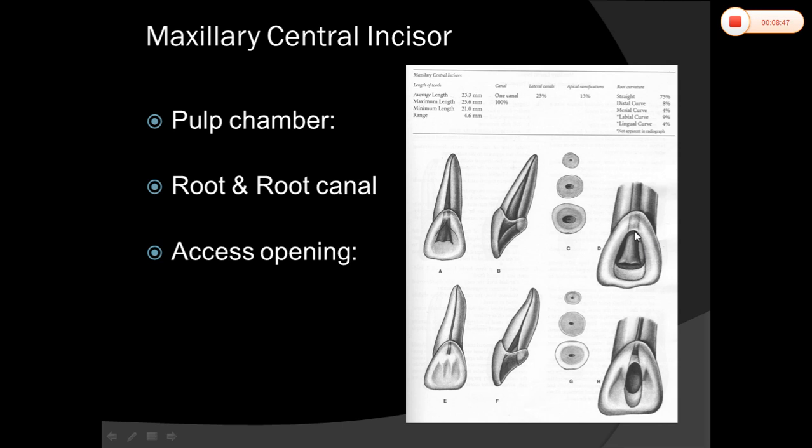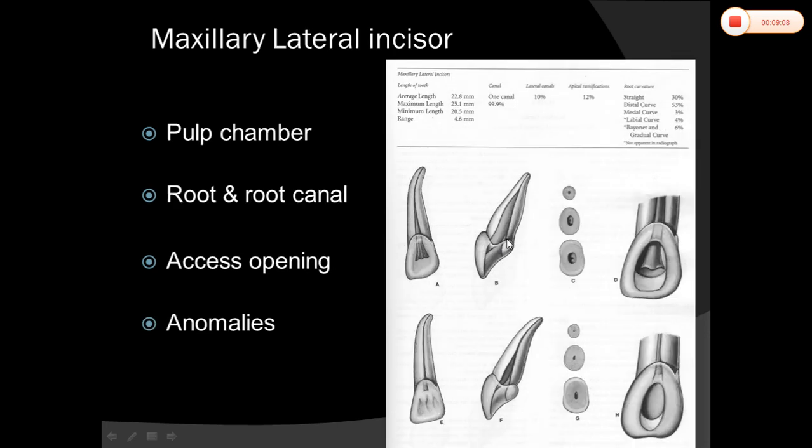Variations in older teeth: the outline form becomes more oval as the pulpal horns recede, and in 98% there is a chance of one canal in the central incisor. So here the access opening is always through the lingual portion just above your cingulum with a round burr. Just place it.